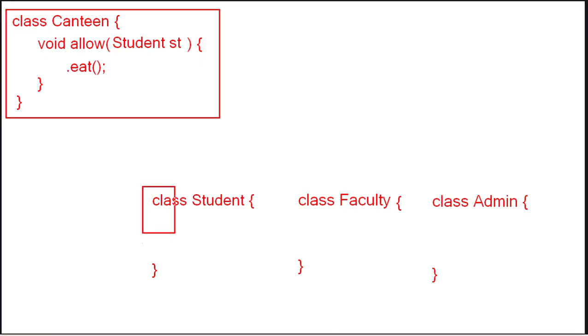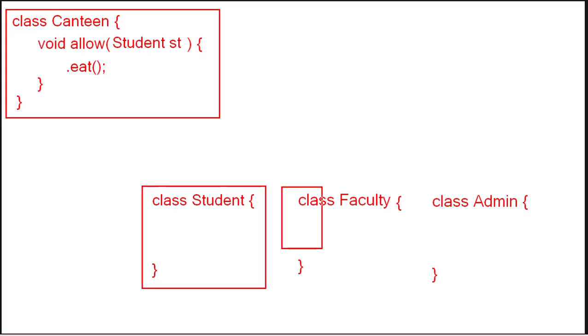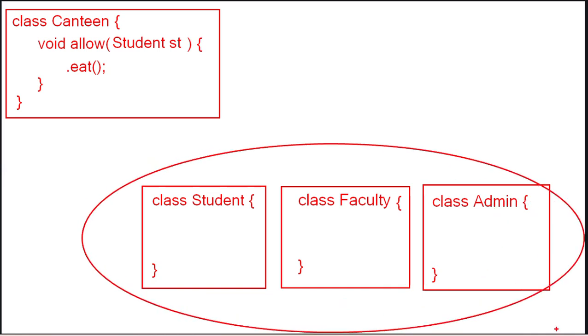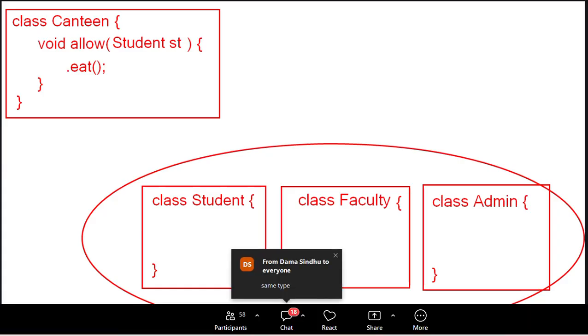Okay, class Student, class Faculty, class Admin. We have 3 classes. Tell me, are all these 3 classes different type objects or same type objects? Same type. Different objects of the same type. All 3 are different objects, but they are of the same type.